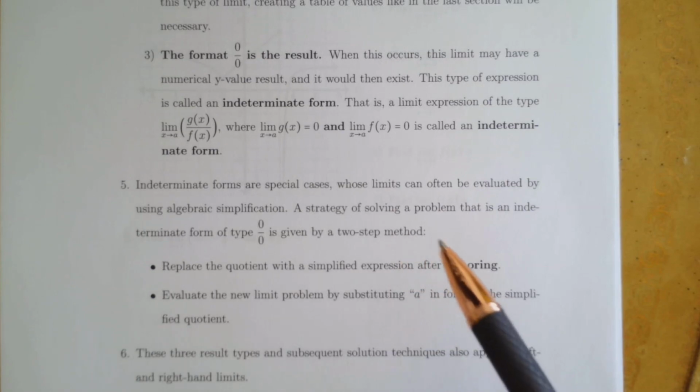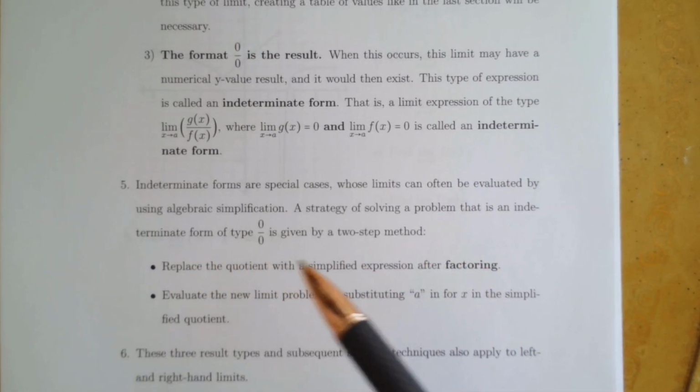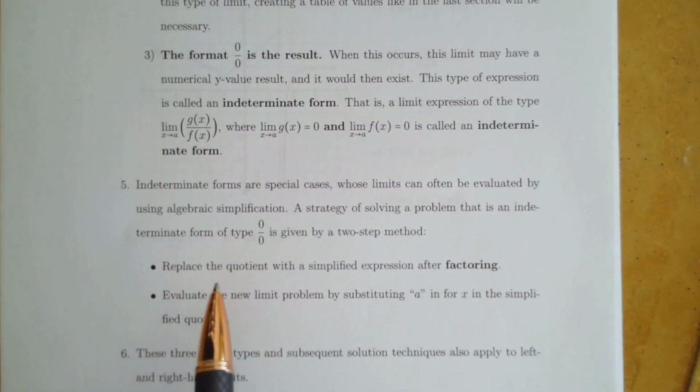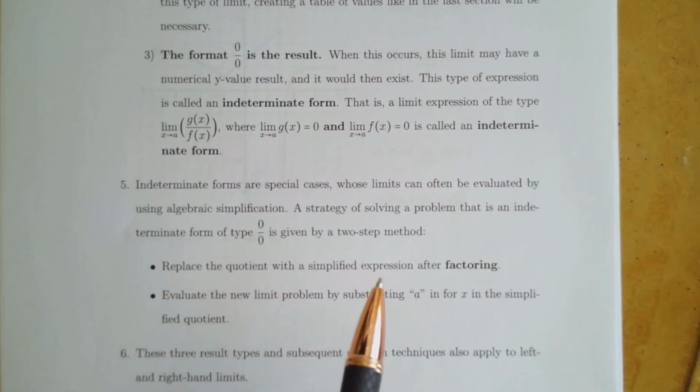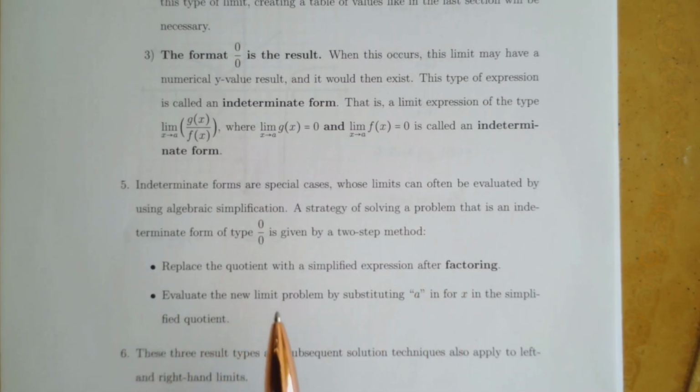One of those strategies for solving a problem that is an indeterminate form of the type 0 over 0 is given by a two-step method. Step 1, replace the quotient with a simplified expression after factoring, and then evaluate the new limit problem by substituting in that a value again for x and simplifying your answer and getting a number. So 0 over 0 means we have some work to do.